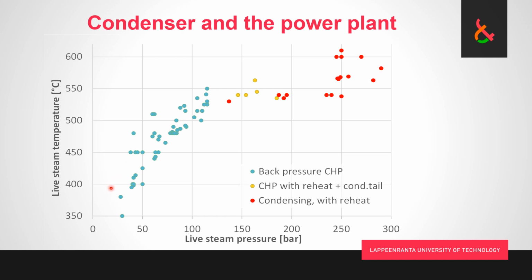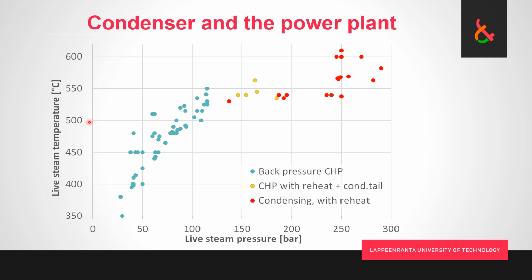This is the same image as you have in your assignment instructions. So how you go about the assignment is you check your fuel. There's this other image where you can quite easily check what is a typical range of live steam temperature for that kind of fuel.